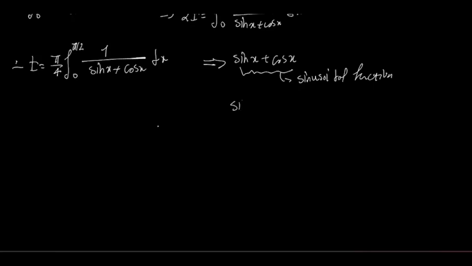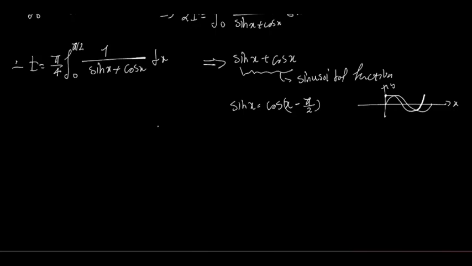So I know that sine of x is actually equal to cosine of x minus pi over 2, right? We know that because when you draw the sine and the cosine, the cosine of x is leading the sine of x. The peak of the cosine of x is leading the peak of sine of x.